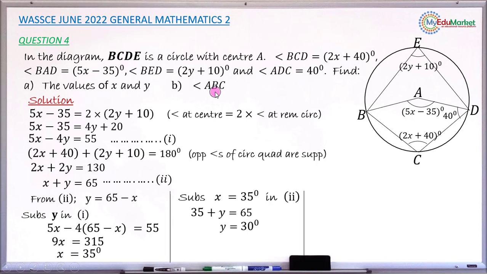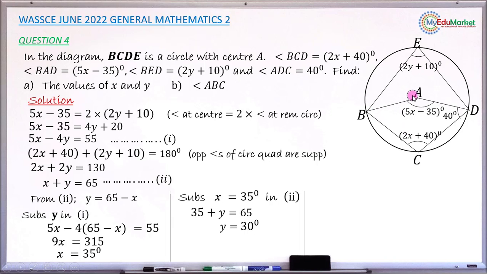So I move to question number B. Question number B asks you to find the size of this very angle, angle ABC. You can take this as a quadrilateral. You have three angles, 40, 5x minus 35, and 2x plus 40. Only this one is missing.